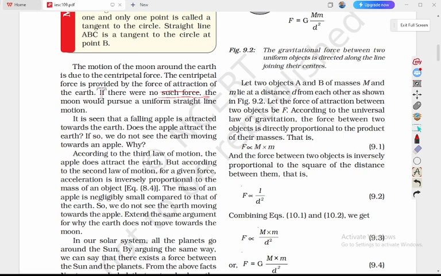The centripetal force is provided by the force of attraction of the earth. If there is no such force, the moon would pursue a uniform straight line motion.